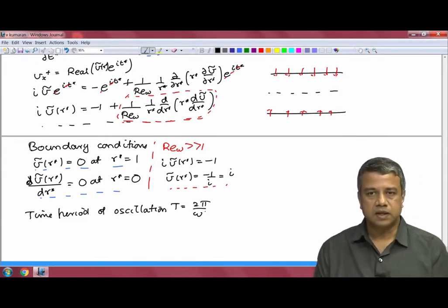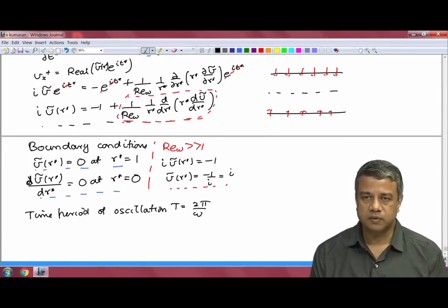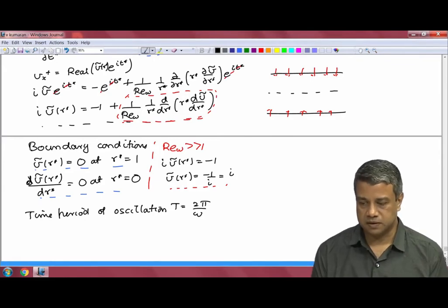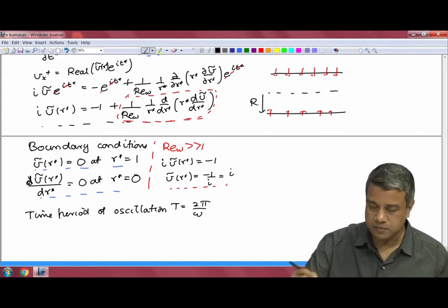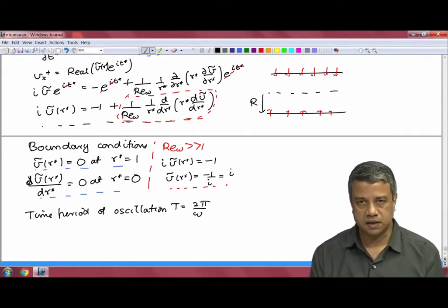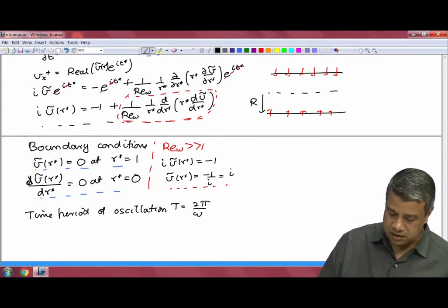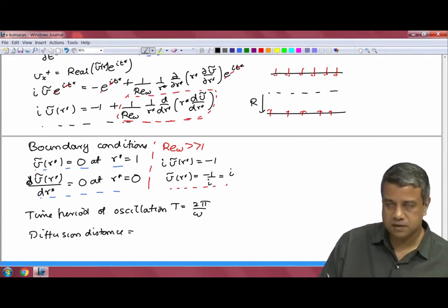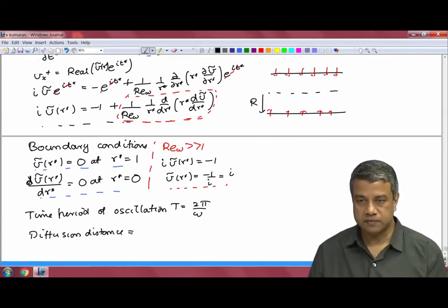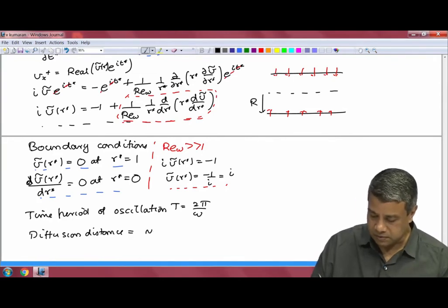Within this time period, how much does momentum diffuse from the wall? Obviously, it diffuses to a distance that is small compared to the radius, in the limit of high Reynolds number. The distance to which it diffuses, just from dimensional analysis, has to be equal to nu by t, whole power half.